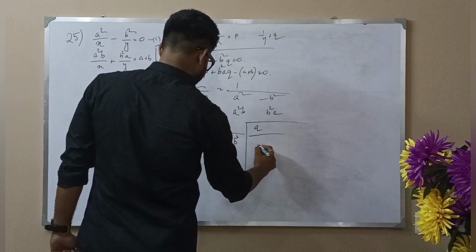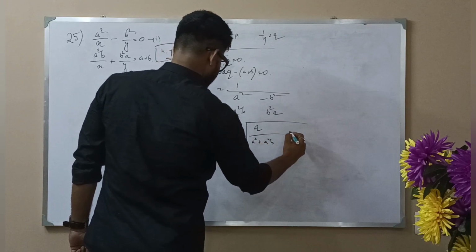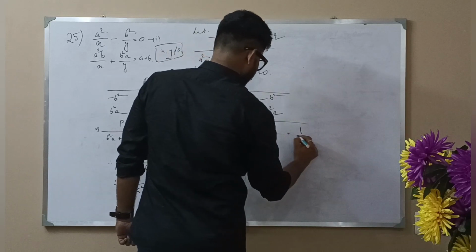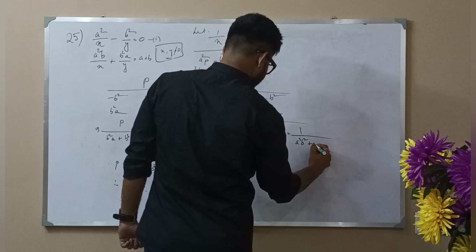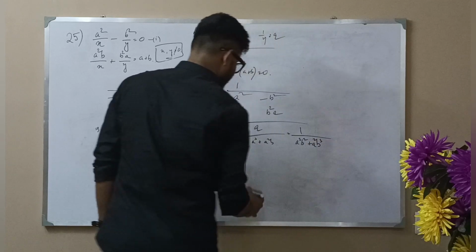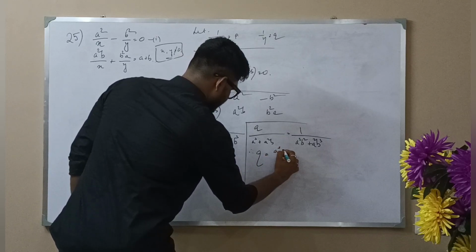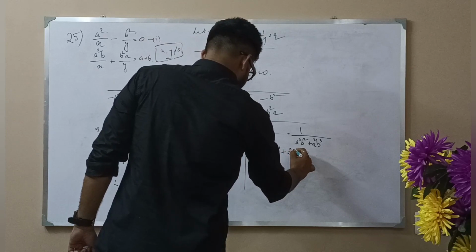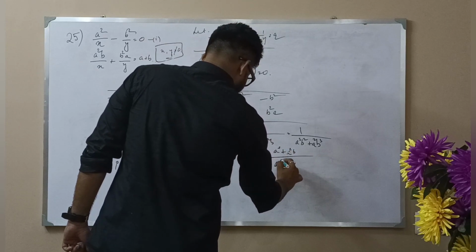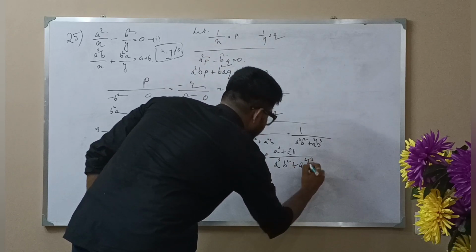Q by a cube plus a square b, 1 by a cube b square plus a square b cube. So therefore q equals to a cube plus a square b by a cube b square plus a square b cube.